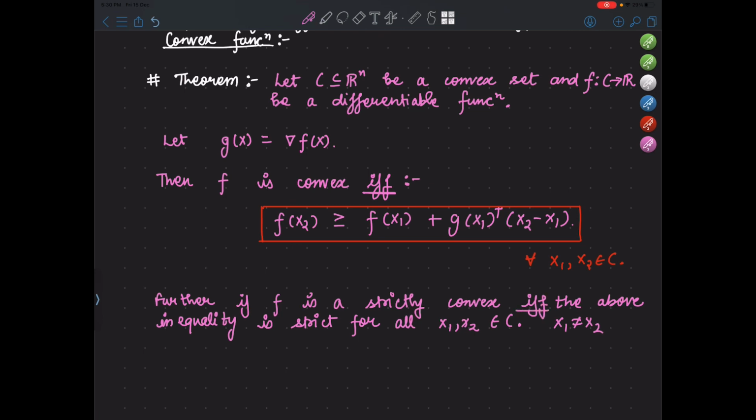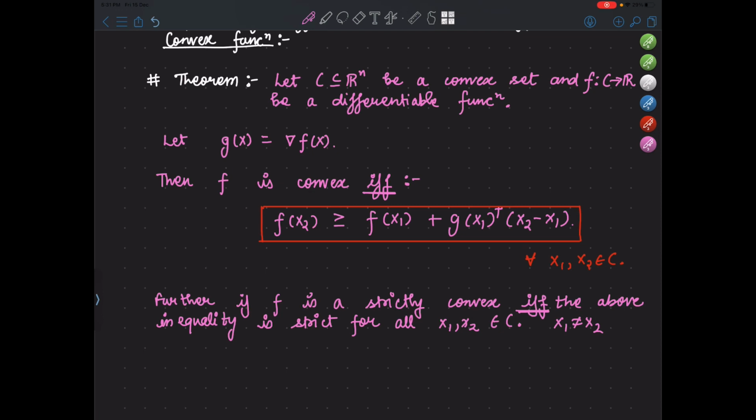This is if and only if also. So this is the theorem.